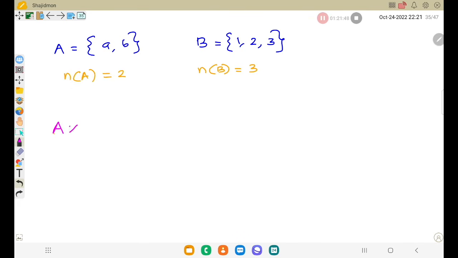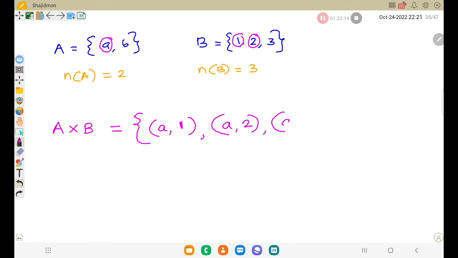A cross B, the Cartesian product of A and B, equals, how to write? The set of all ordered pairs. How are we writing? Take the first number here, a, comma, take the first number here, 1. First number from the first set, second number from the second set. Now what is the other possibility? Same a, take the second number from here, that is 2.